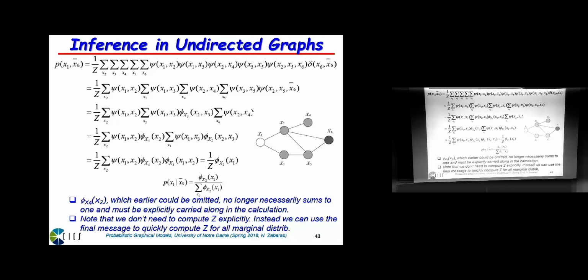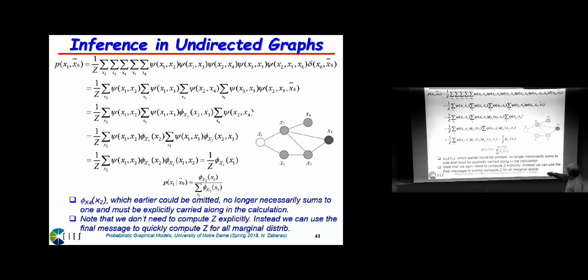And then to find this joint, I pull the summations all the way to the right so they start applying to the correct terms. And exactly as we did with directed graphs, the notation is practically identical. The only thing that is different here from what we did with directed graphs is that when you write these joint probabilities in terms of these potentials, this factorization does not give you a normalized distribution. So the normalization factor Z is not known.